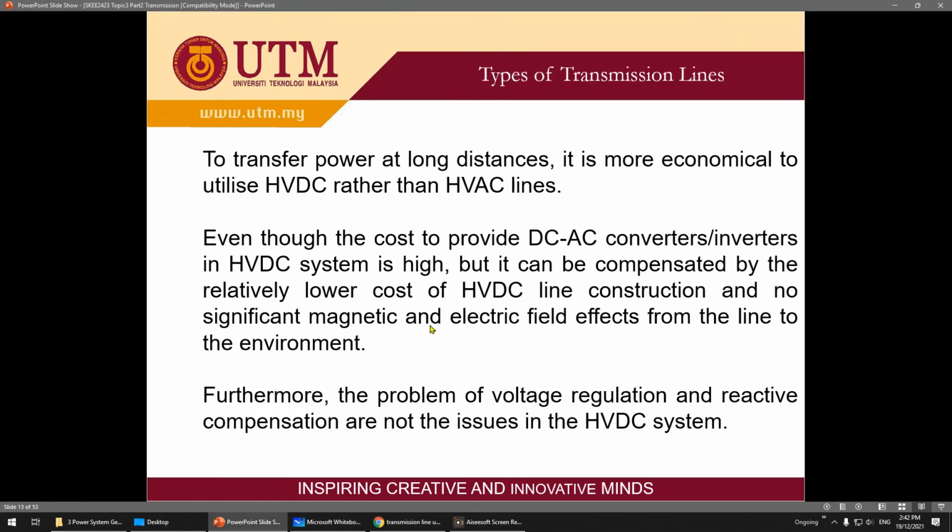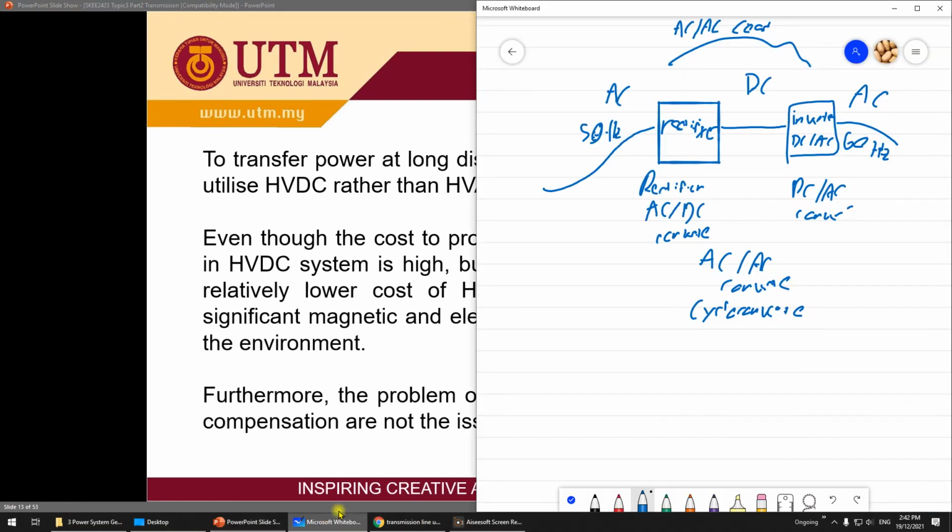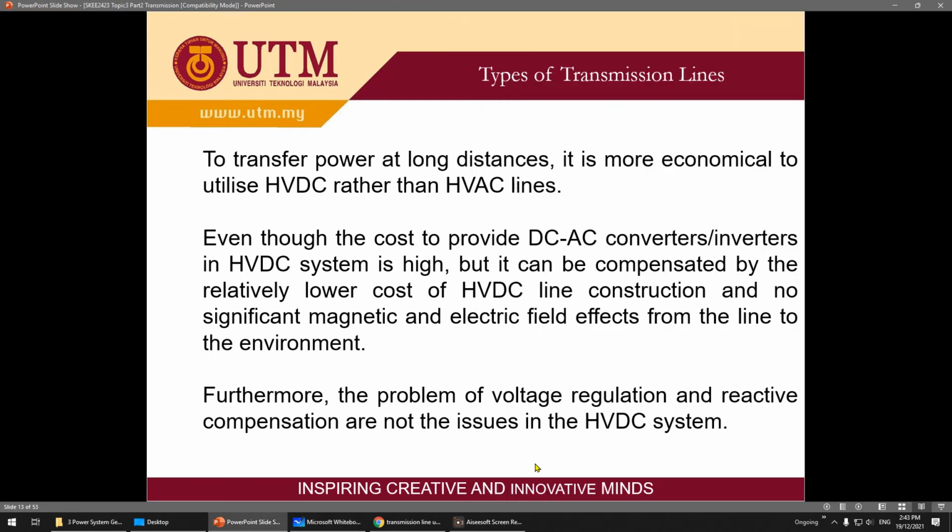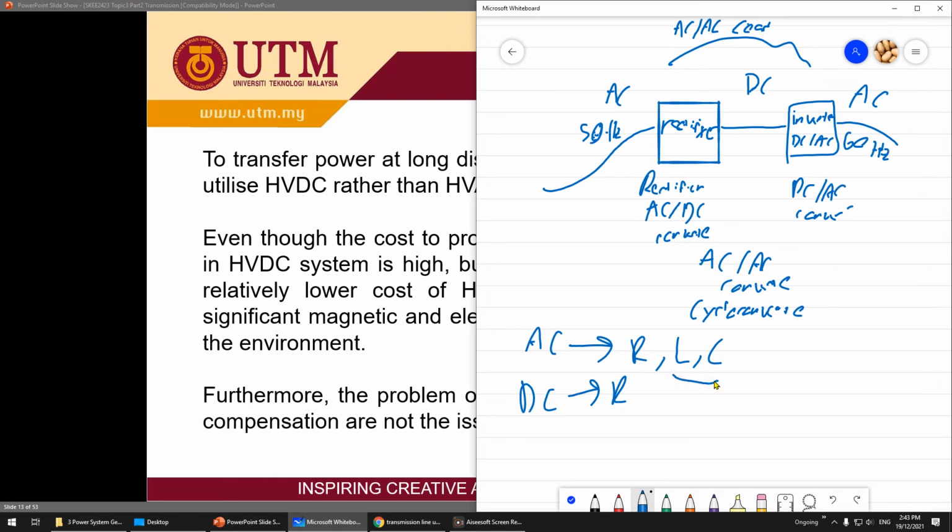That's it, you need to know about this. Furthermore, the problems with voltage regulation and reactive compensation are not an issue for HVDC. Remember, in AC you have R, L and C, and for DC you only have R. This is what reactive compensation means: if the circuit has too much L, Q is high, positive.